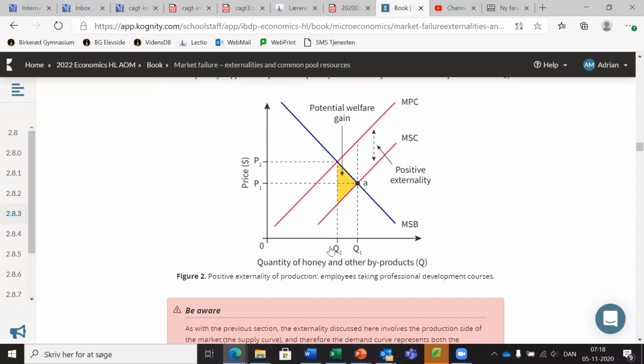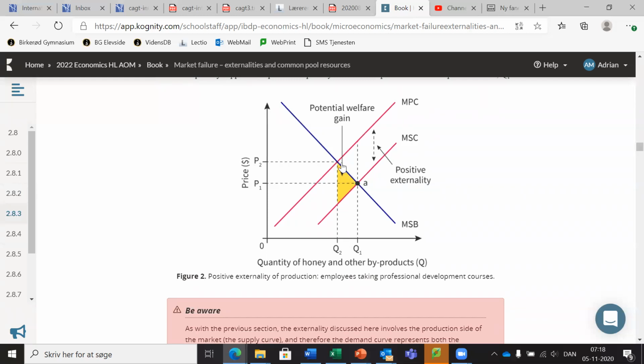So what happens here? In equilibrium, we produce at Q2. The beekeepers will take into account their private cost, and here's the social benefit. But if they produced Q1, that is the point A here, where the social cost and social benefit intersect. Now, Q1, what's the difference between Q1 and Q2? Here, this additional output. Notice that between Q1 and Q2, the social benefit is still above the social cost.